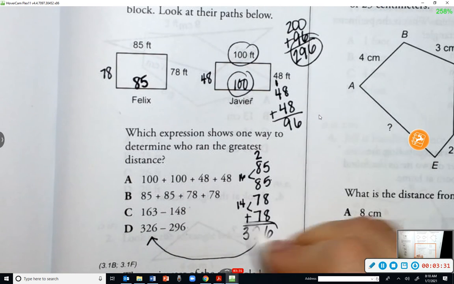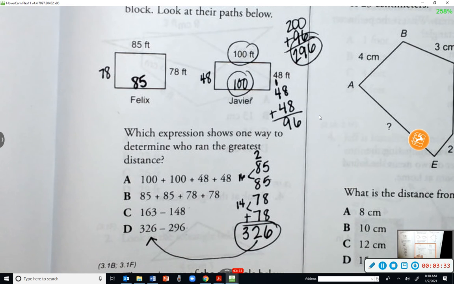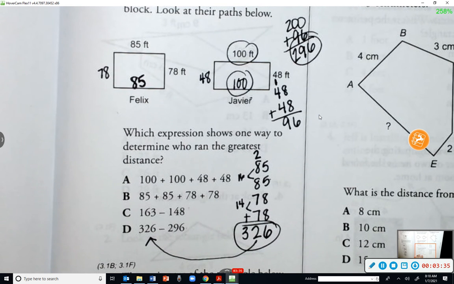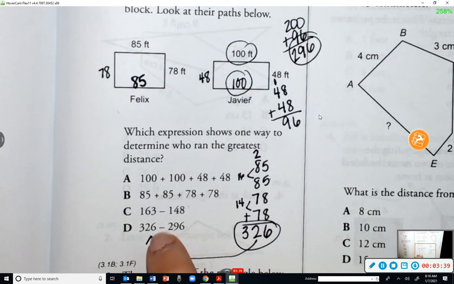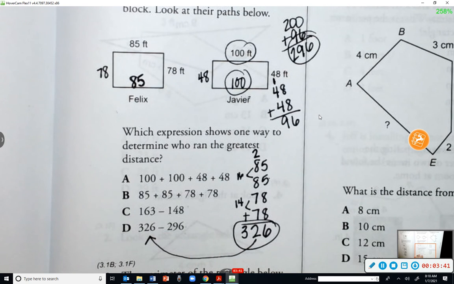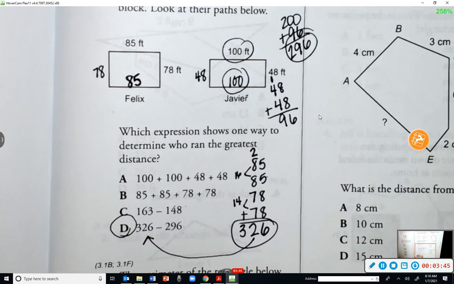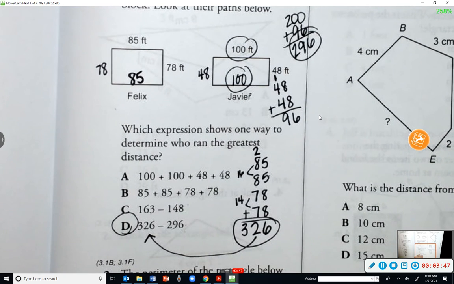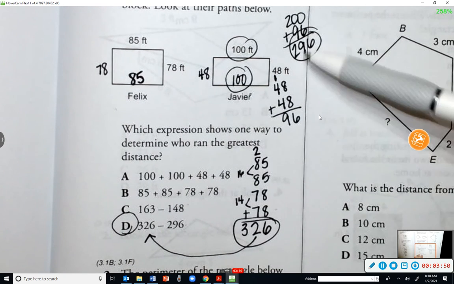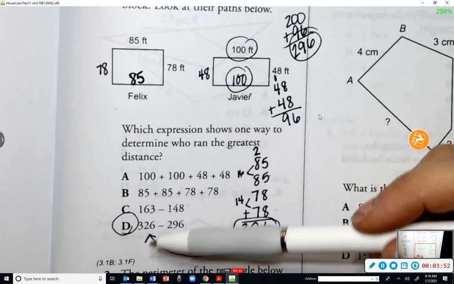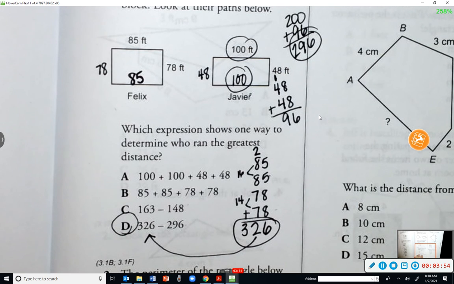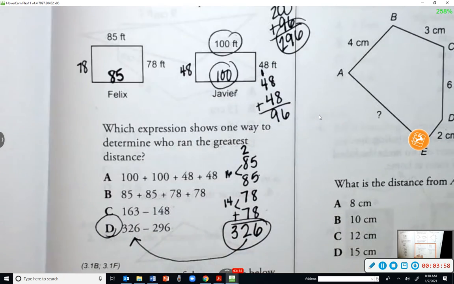Those are the two distances they ran, and then, like Allie said, you would subtract those two to see who ran the greatest distance. So D was the correct answer. Notice how we worked it out our own way, and then we found the answer choice that matched it. Work it out your way, and then try to find the answer choice that goes with it.